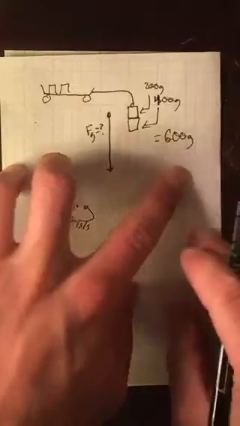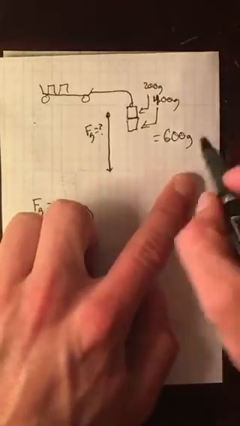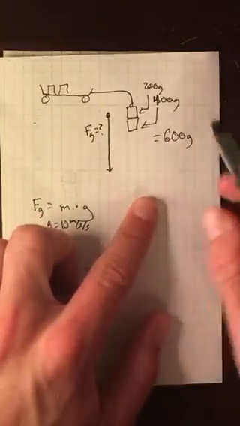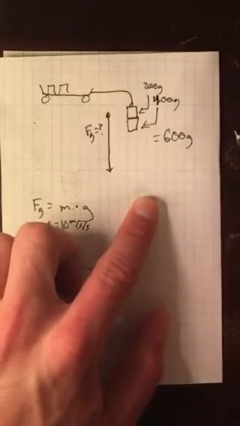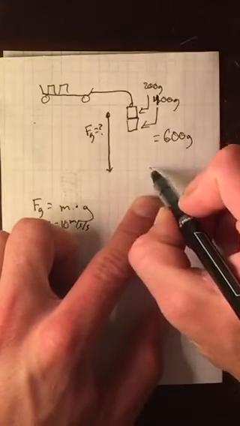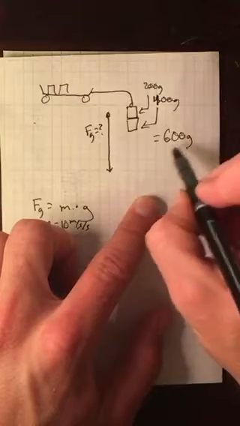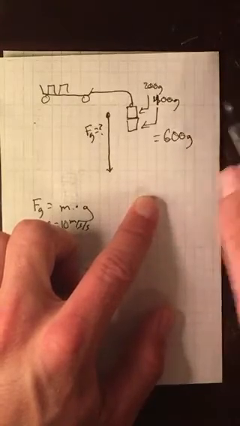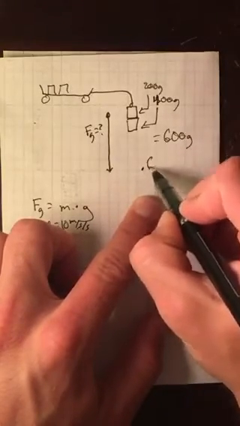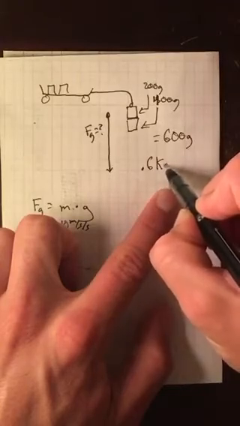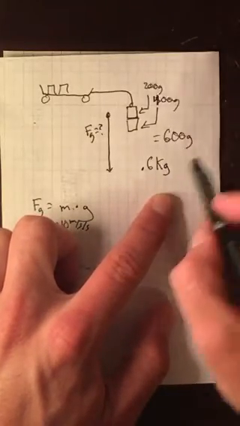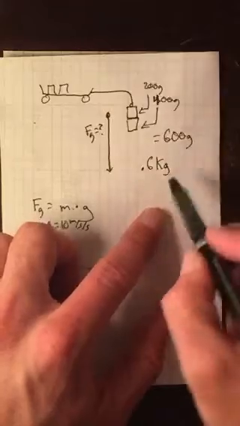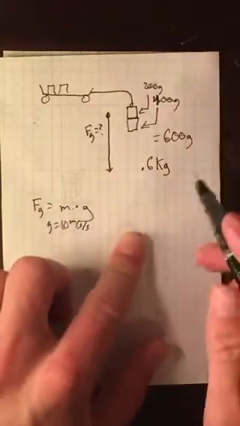Well, that's grams, man. I need to get it in kilograms. So I divide by 1,000 because there's 1,000 grams in 1 kilogram. You can also just use Google. Google will tell you, hey, 600 grams, what is that in kilograms? That's 0.6 kilograms. That's the new mass that the Earth is going to be pulling towards it.